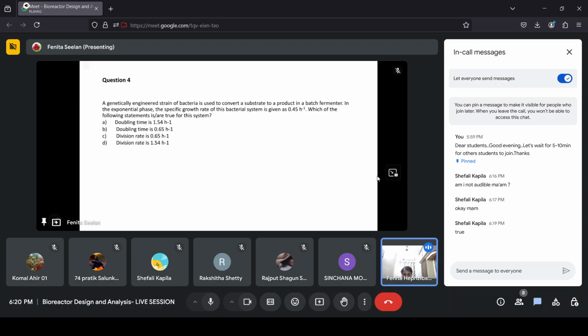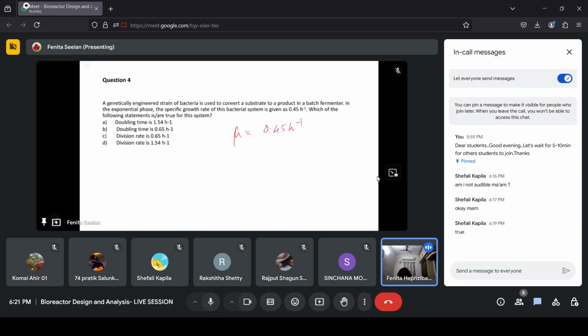So all the data necessary is given in the question itself. There is only one data necessary. If you remember the formula, you can crack it in a few minutes. So what is specific growth rate? They have given mu, which is 0.45 per hour.